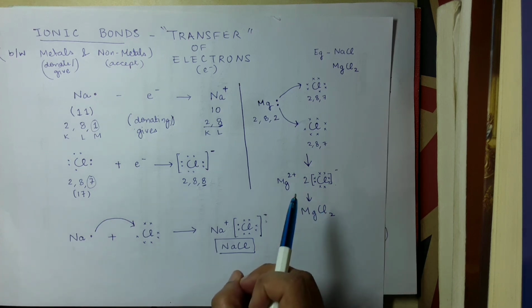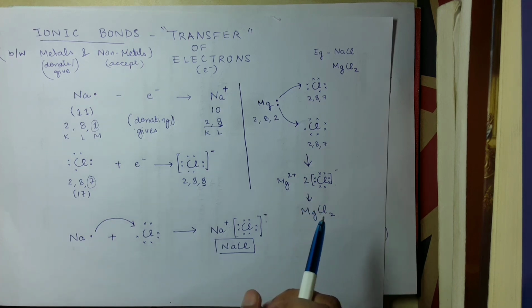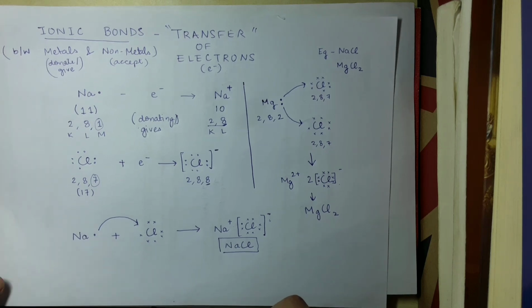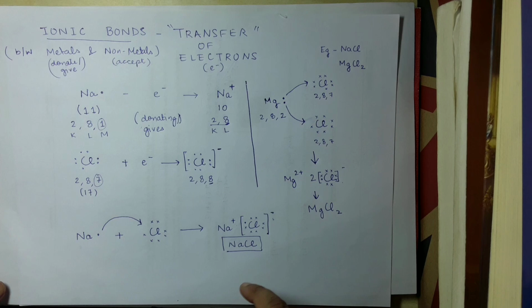Opposites attract, so there's a really strong bond between them. So a very high amount of heat is required to break that bond. So high melting and boiling point, really strong force of attraction, and the compounds formed by ionic bonds would generally be solid.